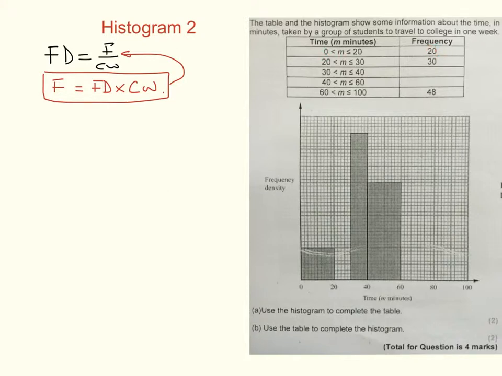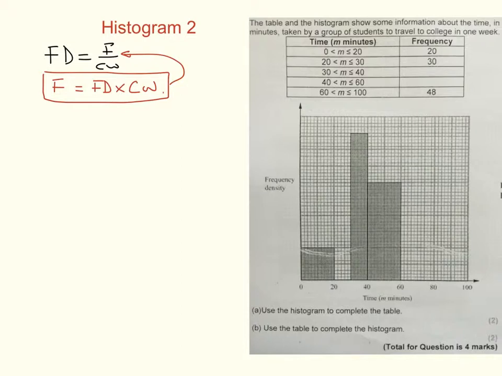I'm going to check to see if this information is already on the histogram. Well, 0 to 20 there is already on the histogram, and I've already got the frequency. What I want to know is what the frequency density is, or what number is here, because if I know this number, I can work out all the rest.